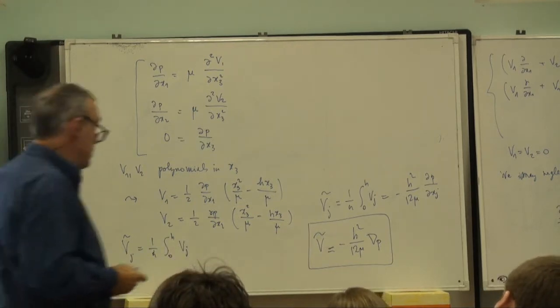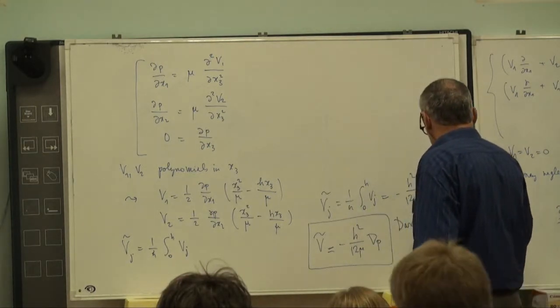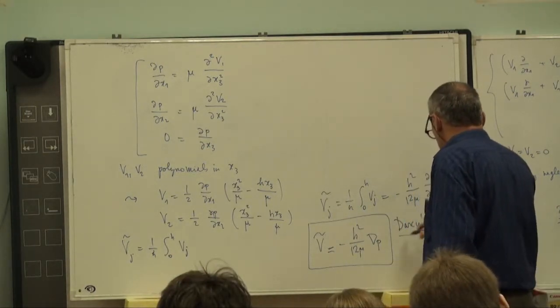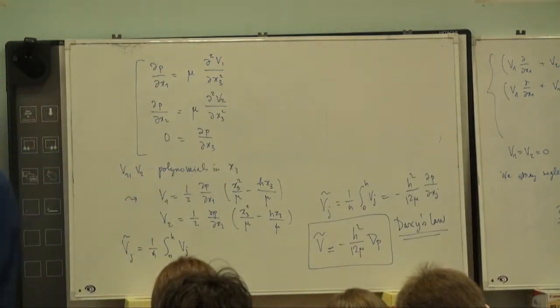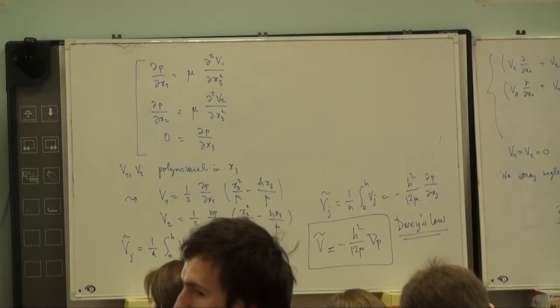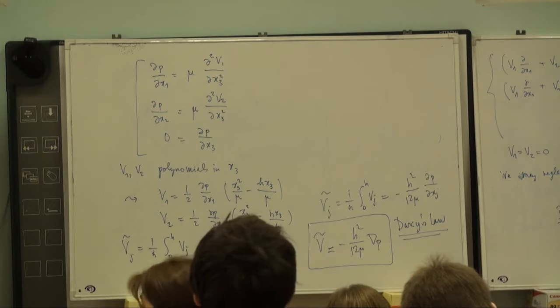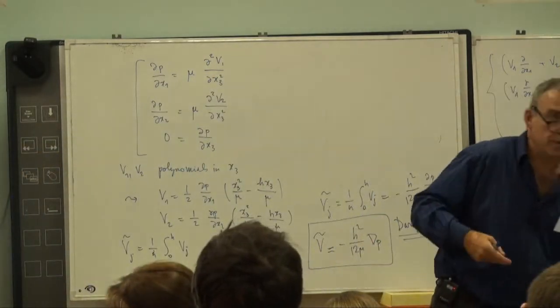And this is called Darcy's law in physics. Darcy's law originally was created to derive motion in porous media, which is not exactly the situation here, but it's close by.